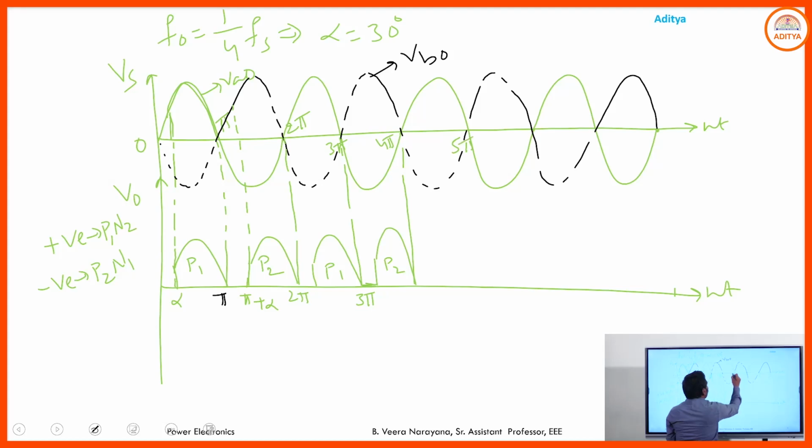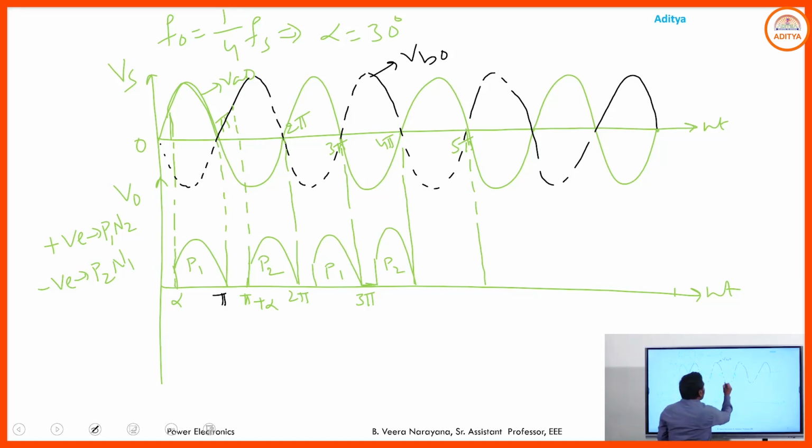So from 4 pi to 5 pi, you have the positive source. During the positive half cycle of the source, P1, N2 are in forward bias. But I want to collect the negative output voltage here. Negative output voltage means you need to provide the gate pulse to the negative group SCR. What is the negative group SCR here? N2.